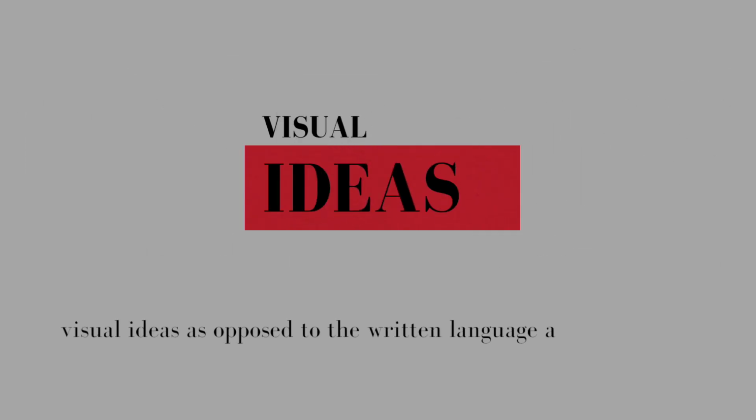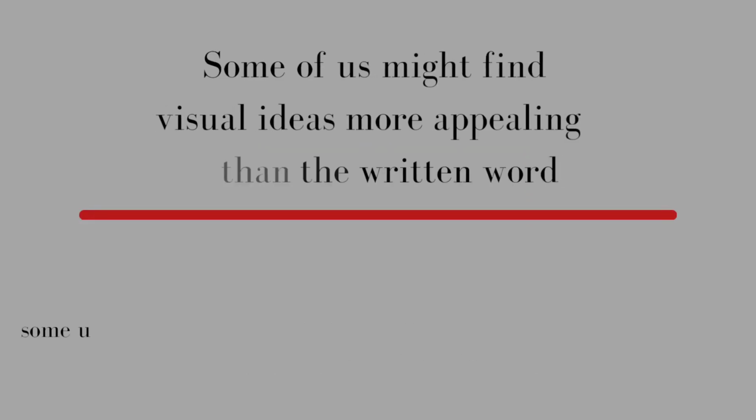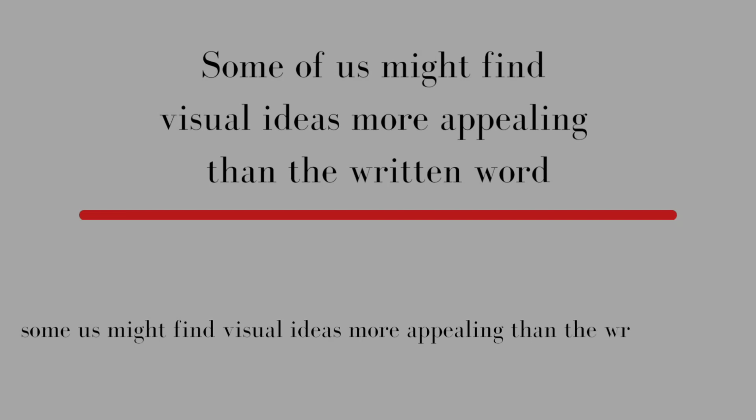Now this approach is slightly different to the first example, because this one is based around visual ideas, as opposed to the written language, and like I said, our brains work differently, and so some of us might find visual ideas more appealing than the written word anyway.